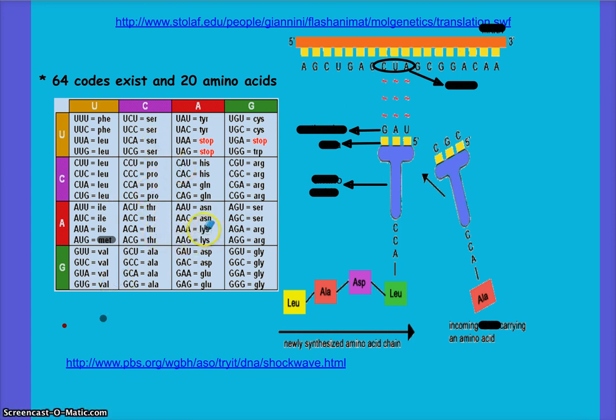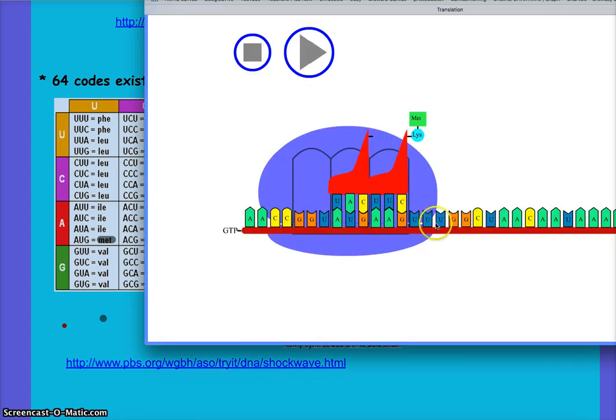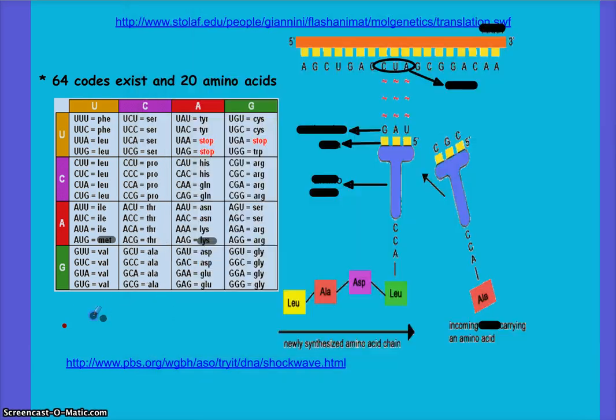AAG, LYS. Look at the animation. Now, UUU. Who could tell me what that brings? UUU brings what amino acid? PHE. Where is it? Up on top.